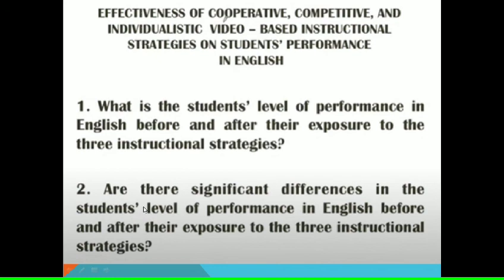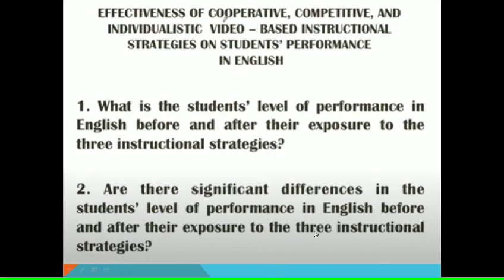For the second question, are there significant differences in the student level of performance in English before and after their exposure to the three instructional strategies? From the words before and after, we use the paired sample t-test. Kay mag-measure man ta sa before and after sa ilahang performance.